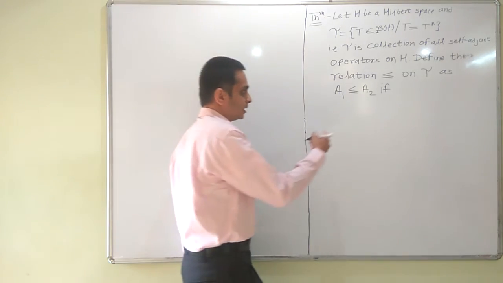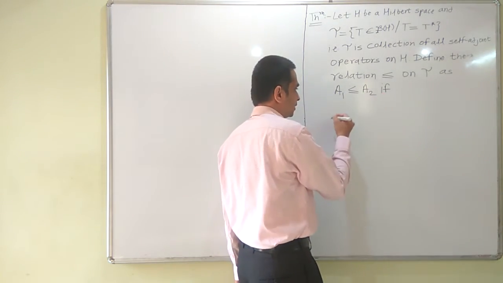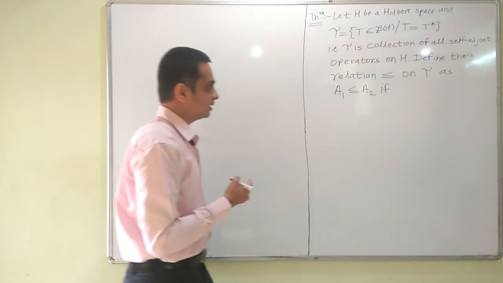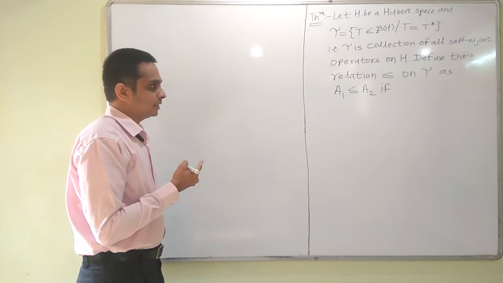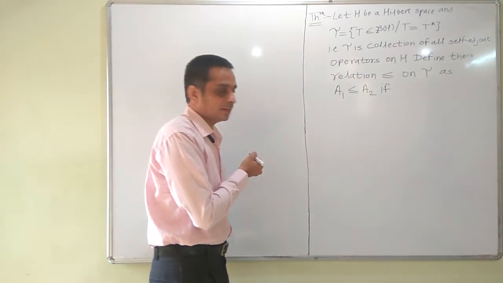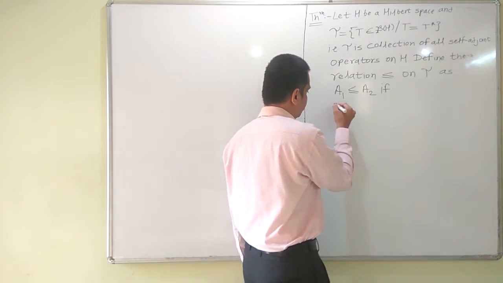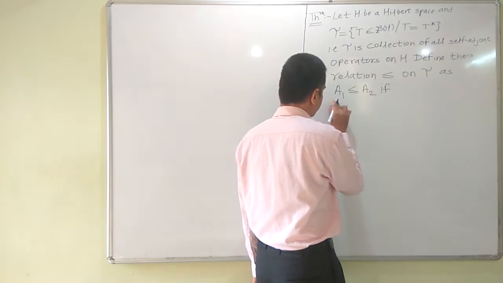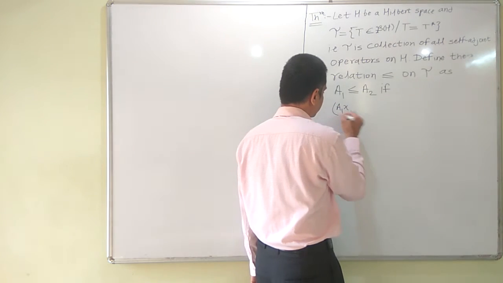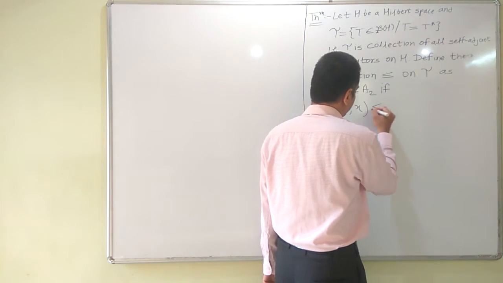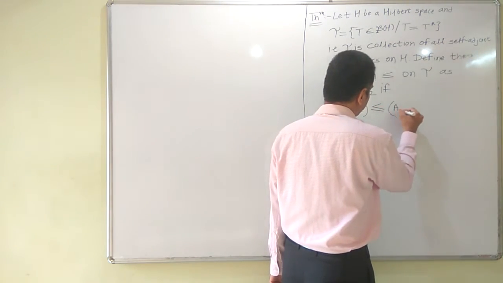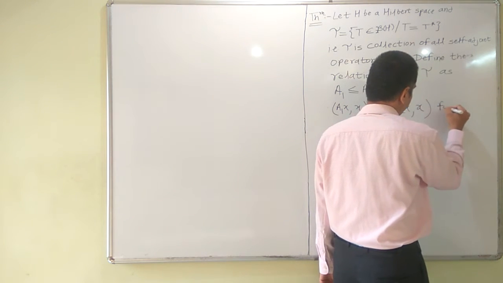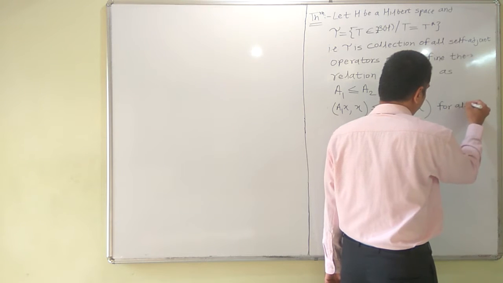Every definition in mathematics is an if and only if type of statement. The standard convention is that we just write if, but this is actually an if and only if type of statement. So if the inner product of A1x and x is less equal to the inner product of A2x and x for all x belongs to H.